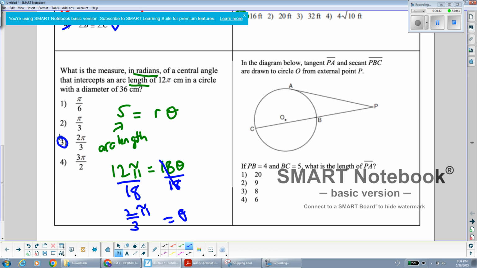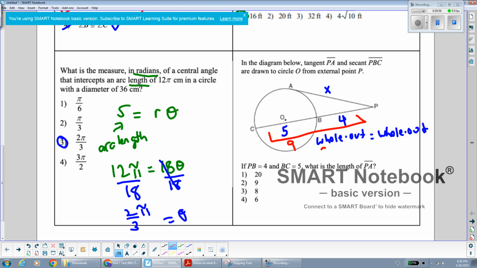For the next one over here, PB is 4, BC is 5, and we need to find the length of PA. So we're looking for segment lengths of outside segments. So that's going to be whole times outside equals whole times outside of the other. So I'm going to start with the secant.